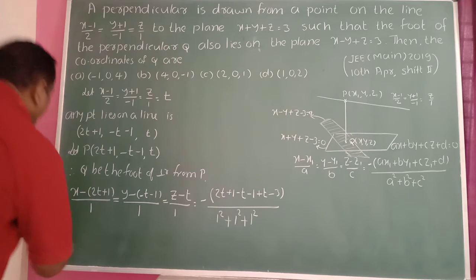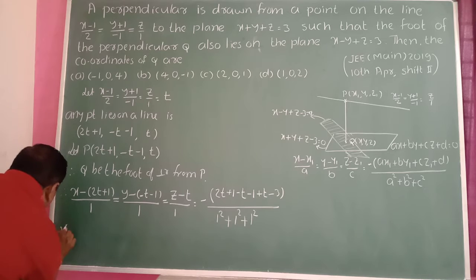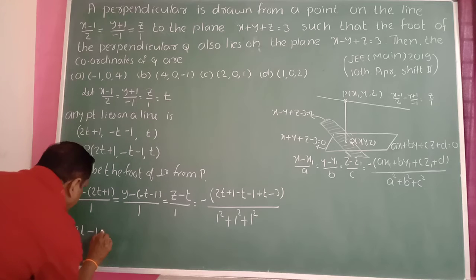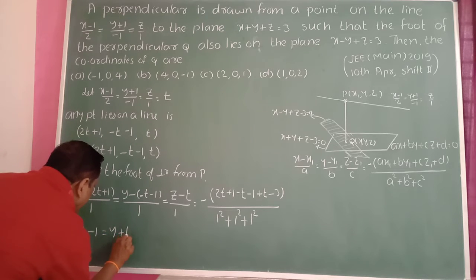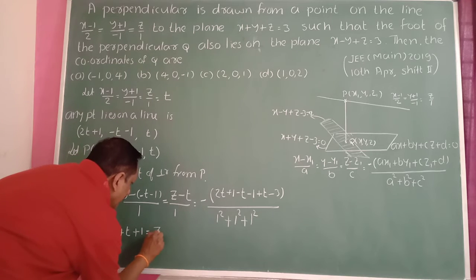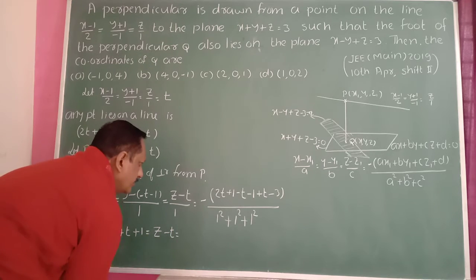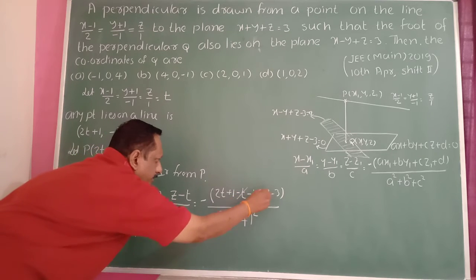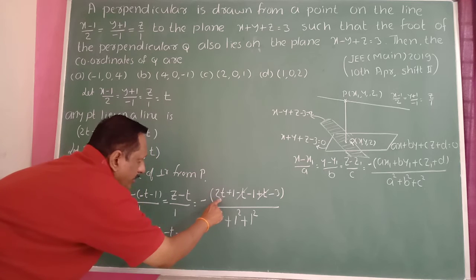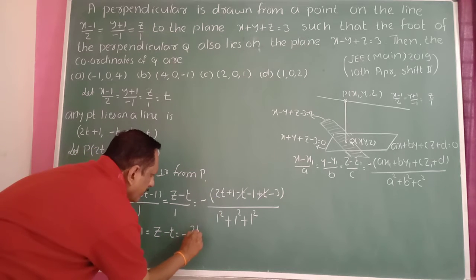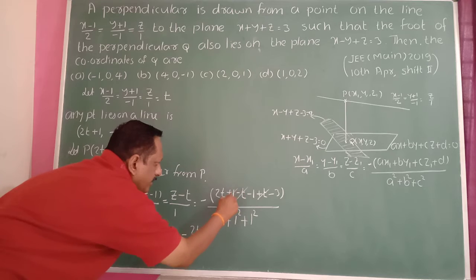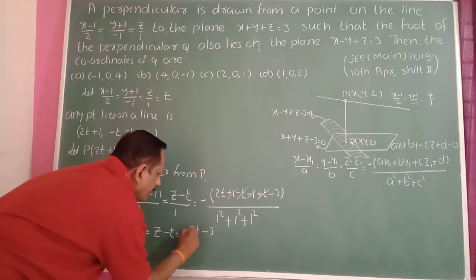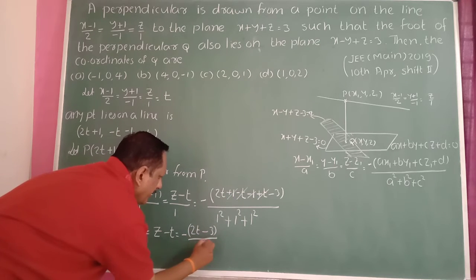Now simplify. Take the minus inside the bracket: x minus 2t minus 1 is equal to y plus t plus 1 is equal to z minus t is equal to minus of (minus t and plus t cancel) 2t, and 1 minus 1 cancels, minus of 3, bracket complete, divided by 3.